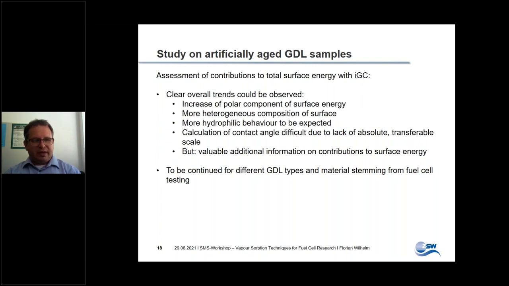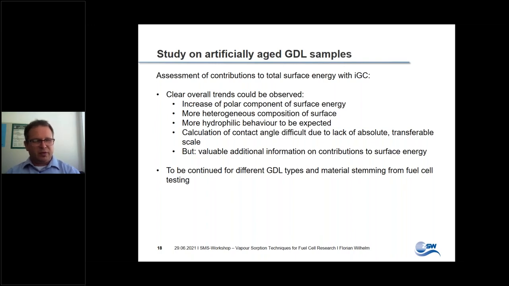Of course, it would be nice to calculate the contact angle directly out of these values of the surface energy. This is a little difficult because the scales used here, what I showed to you is the Van Oss scale, are not perfectly absolute or transferable.